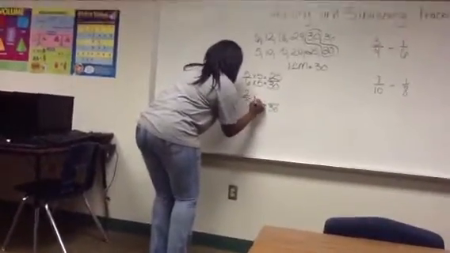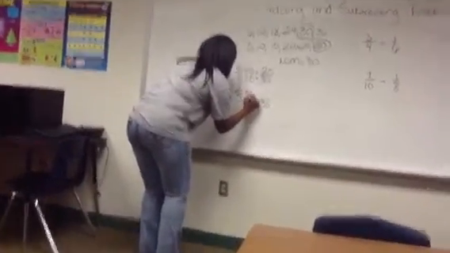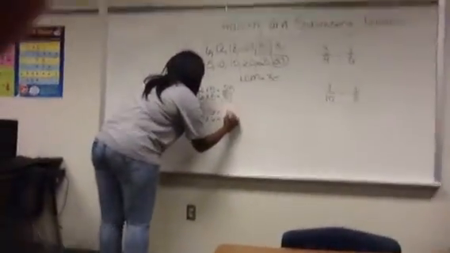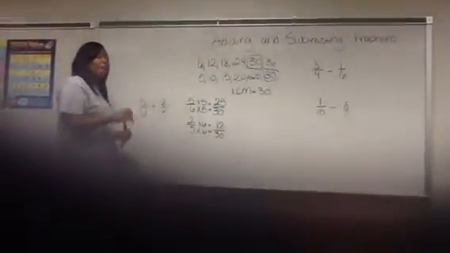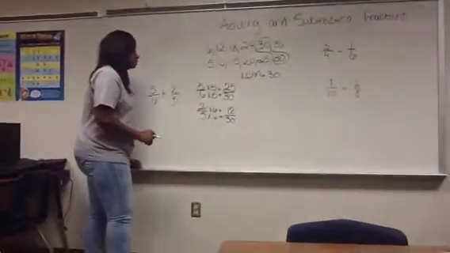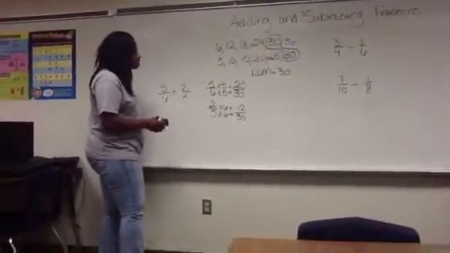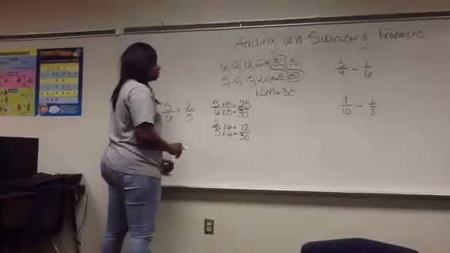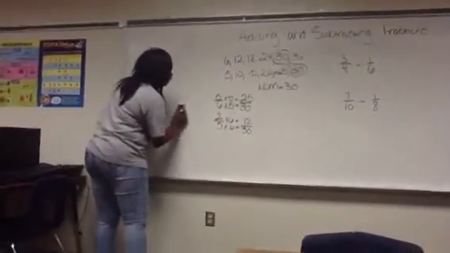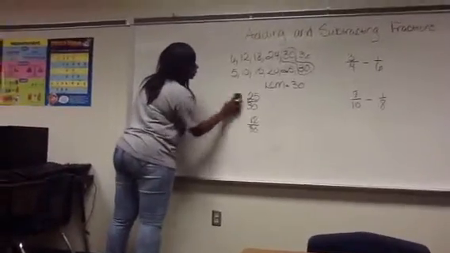And of course, I also want to do the same thing to the numerator. 2 times 6 is 12. So now I can rewrite my addition problem using these two equivalent fractions. I've got 25/30 plus 12/30. I'm just going to erase all this so I can rewrite my problem.